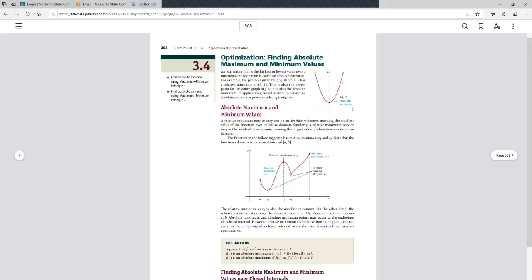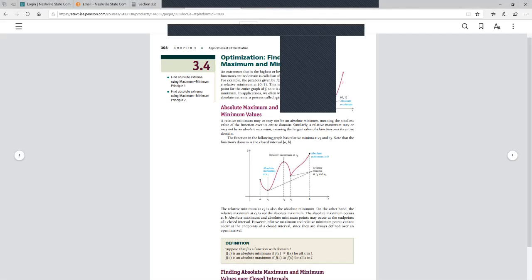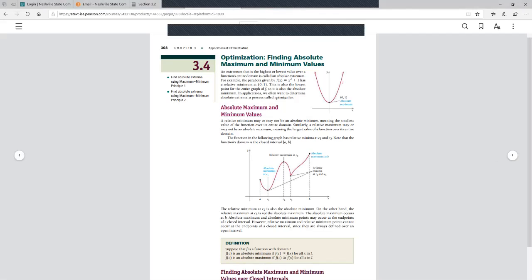Section 3.4, optimization, finding absolute minimum and maximum values. If you look at a graph, for example, the one that's shown to the right, you will notice that this is a parabola, this is a quadratic, it's concave up. Notice that it has an absolute minimum value.